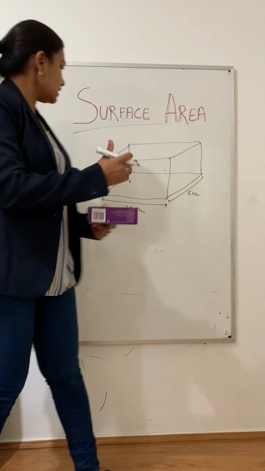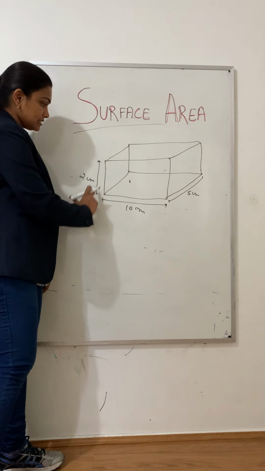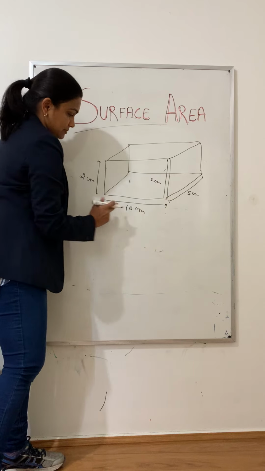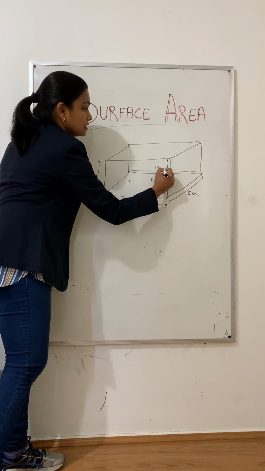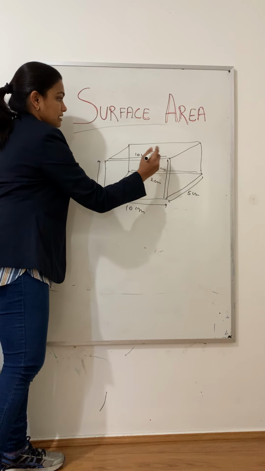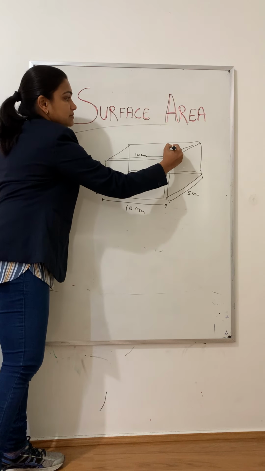together. Okay, so in this example, let's say if this is 2 centimeters, then obviously this is also 2 centimeters. If this is 10 centimeters, then this is also 10 centimeters, and this is also 10 centimeters, and this will be again 5 centimeters.